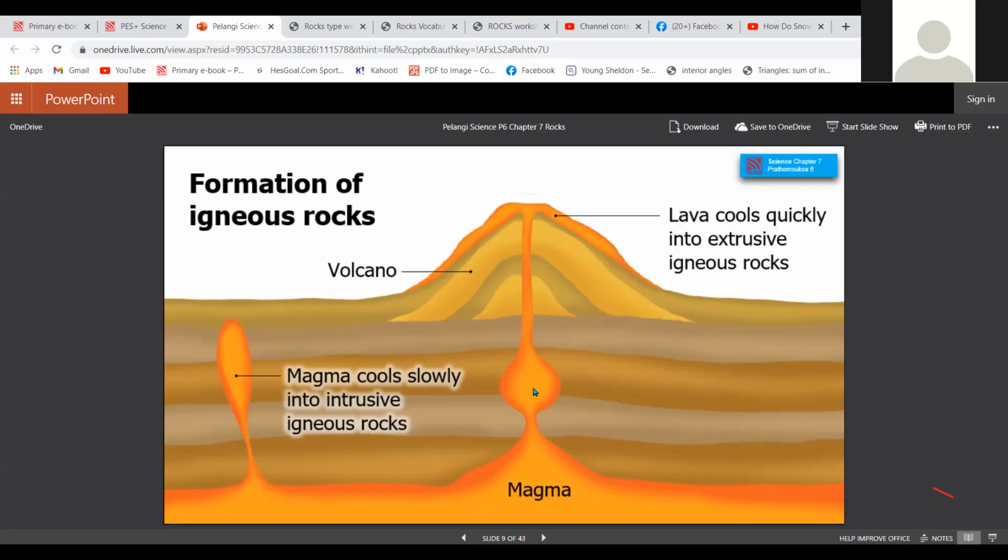Okay. How about the intrusive igneous rock? What happens here?